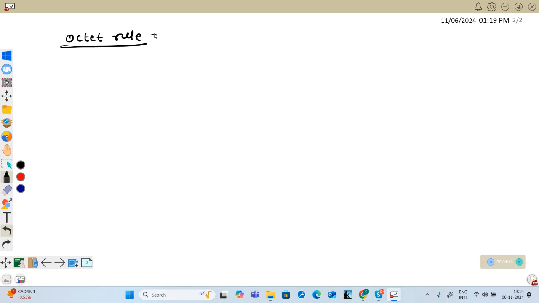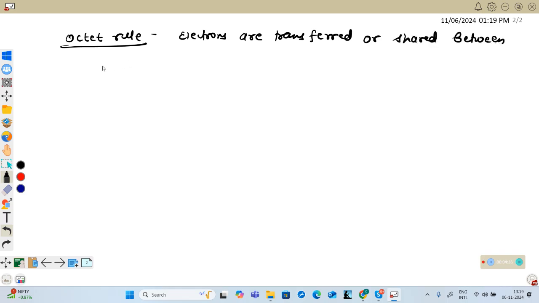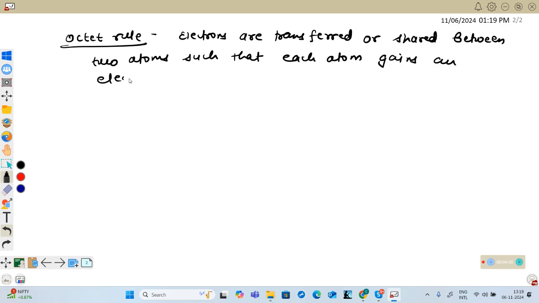Okay, so electrons are transferred or shared between two atoms such that each atom gains an electronic configuration of the nearest noble gas. This is the octet rule.